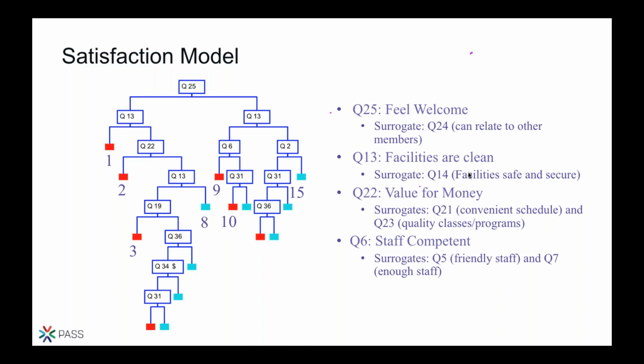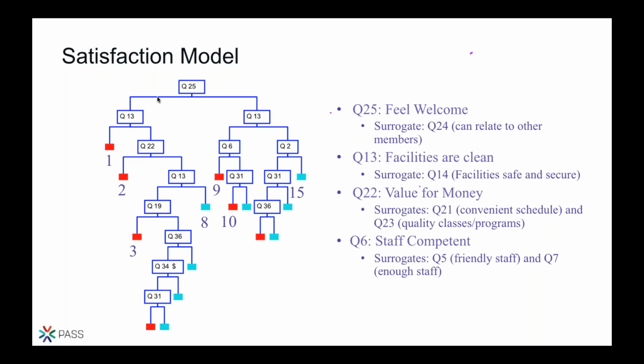satisfaction or not satisfaction. Or to put it in a more mathematical form, split the data into subgroups for each of the variables so that you have a higher proportion of satisfied members on one side of the split versus the other. So here's question 25, and it's splitting the data. It's looking at 25 and saying, how can I best split 25 into two subgroups that maximize the differences between those populations?